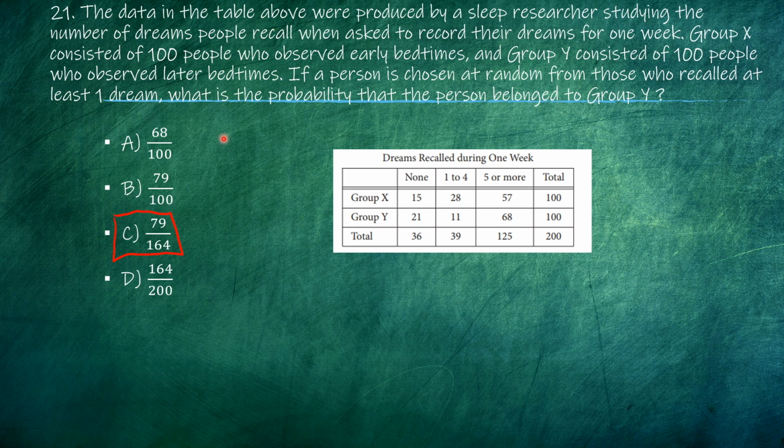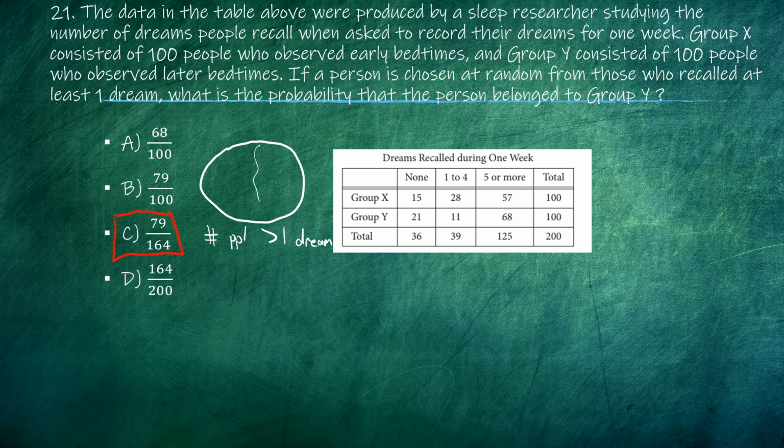So let's imagine this. The question is asking us to find the probability that if we pick a random person from this group of people with at least one dream, that person belongs to Group Y. So to help you visualize this, let's draw this out. Let's say we have a group of people, the number of people with at least one dream.